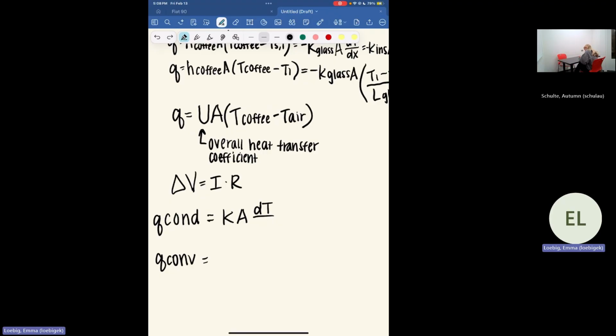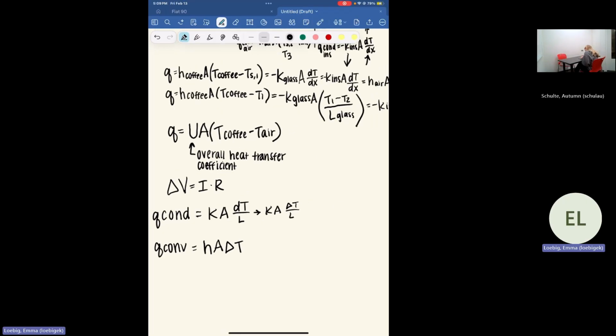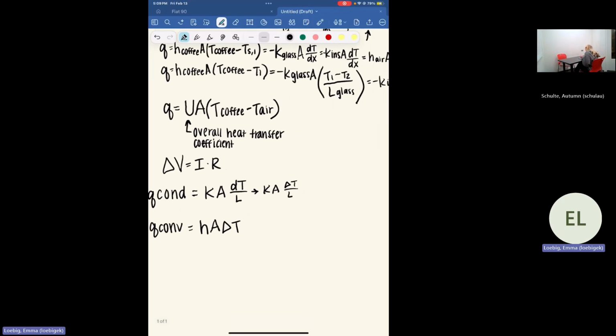In this case, we're going to count our position as L, the thickness. And we know convection is the heat transfer coefficient multiplied by the area multiplied by a change in temperature. We can also write this as thermal conductivity, area, change in temperature, divided by L. So now we can rearrange each of these to be in this format.